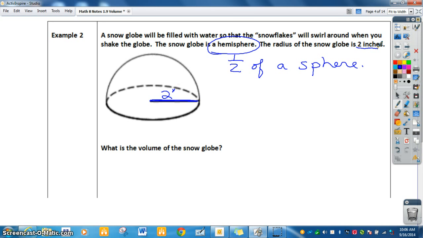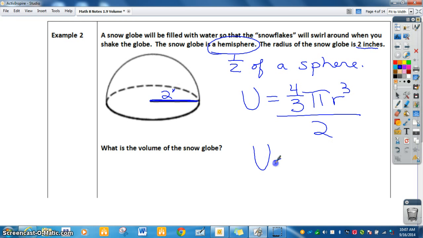No, so I'm going to have to find the volume of a whole sphere, as if that was a whole sphere, and then divide by 2, because we only need half of that sphere to find that snow globe. So, tell me what the volume of the whole sphere is before you divide it by 2.